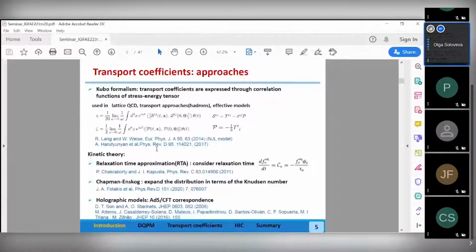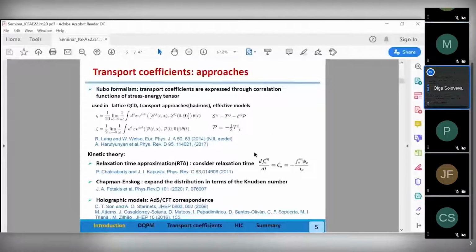The difference between these two approaches is that here we already use some approximation, and usually the relaxation time approximation needs less time to calculate on a computer, for example, while for Green-Kubo calculations you need more.